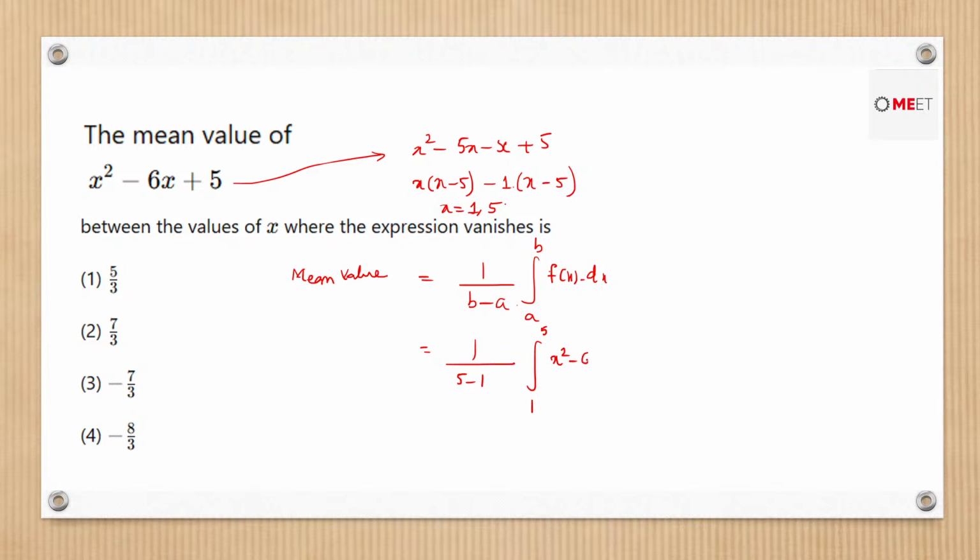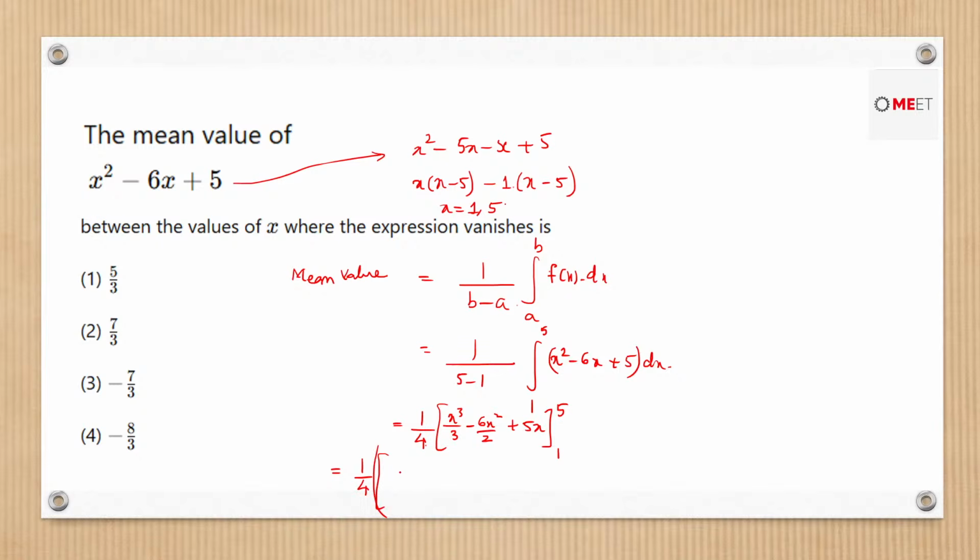This is x square minus 6x plus 5 into dx. This becomes 1 by 4. Integration of x square is x power 3 by 3 minus 6x square by 2 plus 5x, 1 to 5.